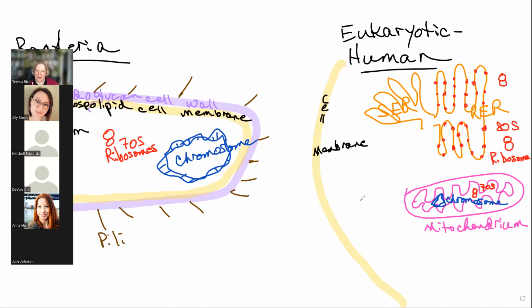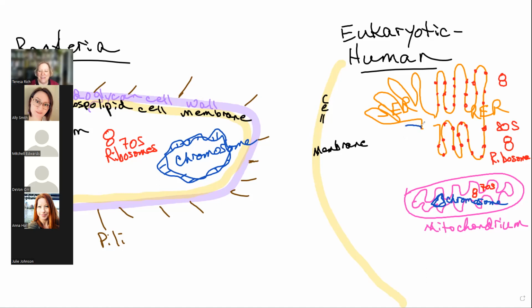Do eukaryotic cells have a chromosome, or more than one? Do eukaryotic cells have chromosomes? Yes. And where are they? In what structure?